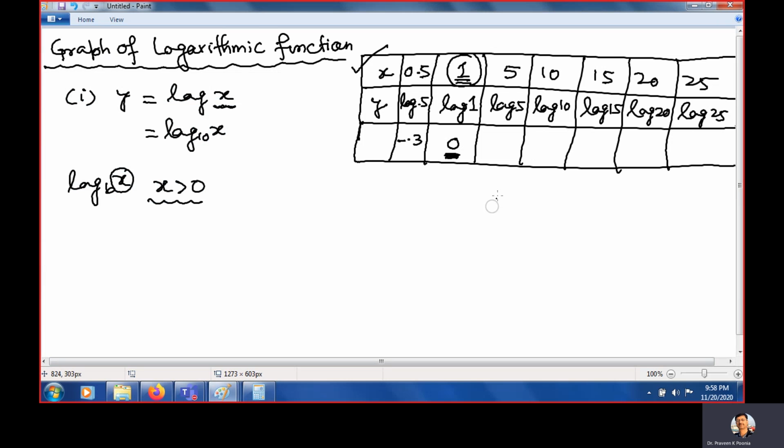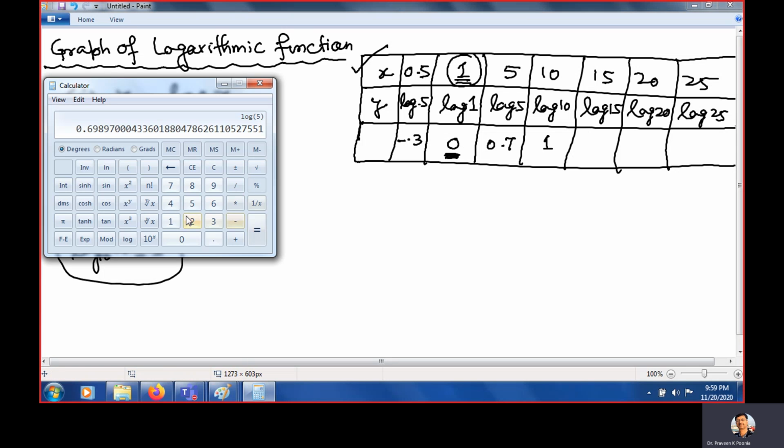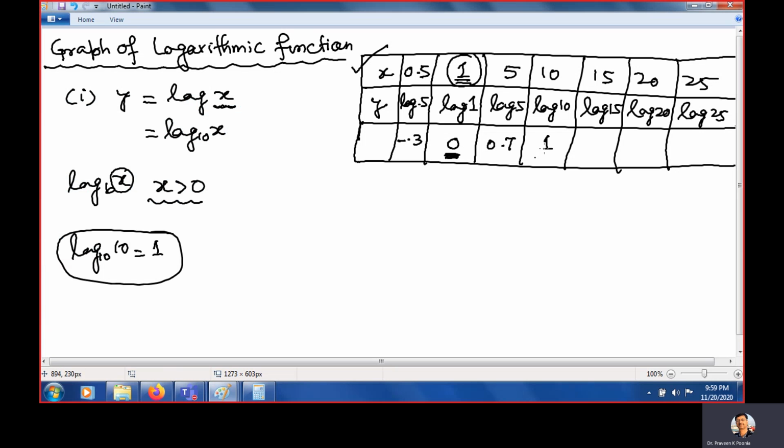It is 0.698, so we can call it 0.7. And log 10 base 10 is 1, because if you remember, I told you if we take the log of a number with the same base as the number, the value is always 1. So log 10 base 10 is 1. Log 15 is 1.17, so it is 1.2. If you calculate, all values will be like this.